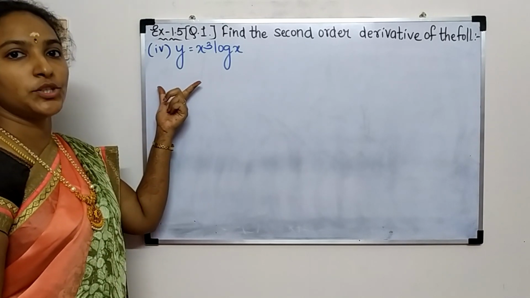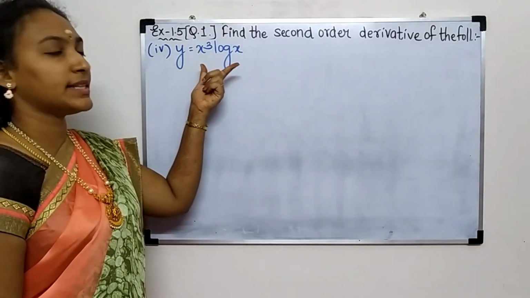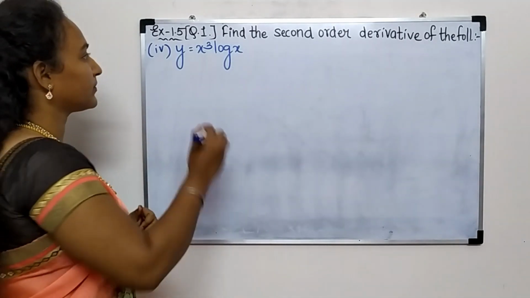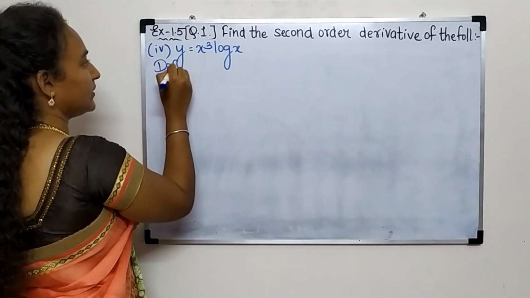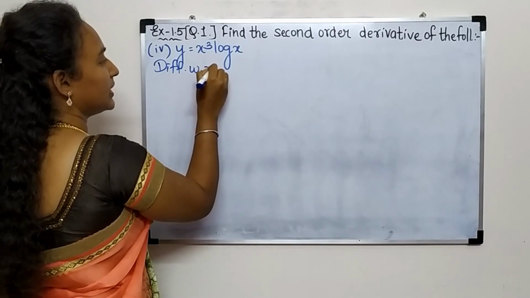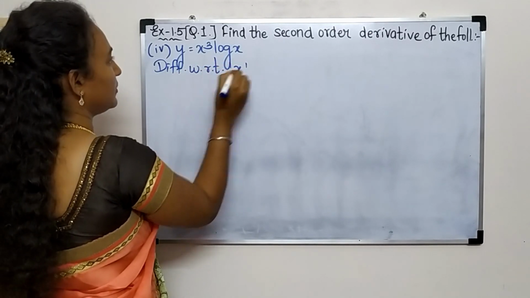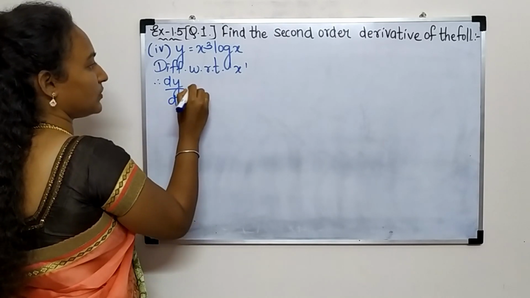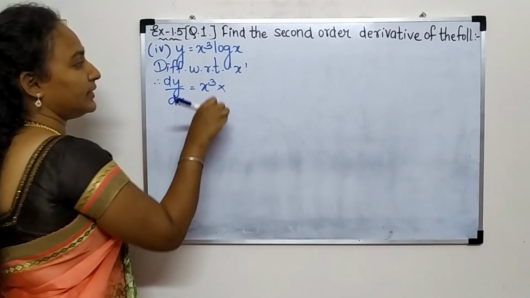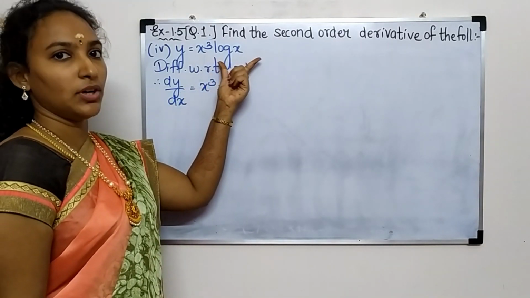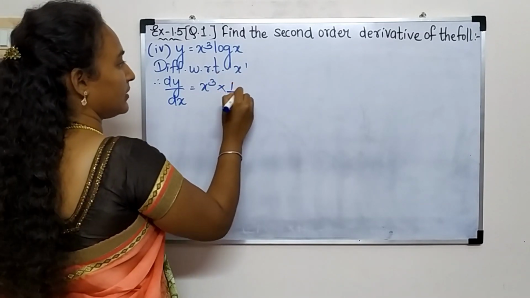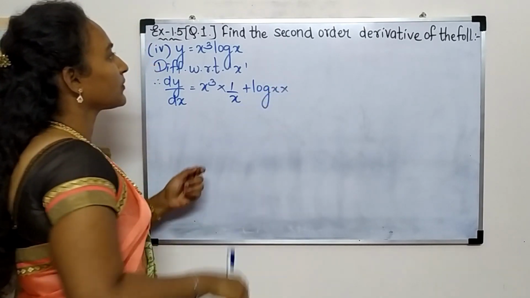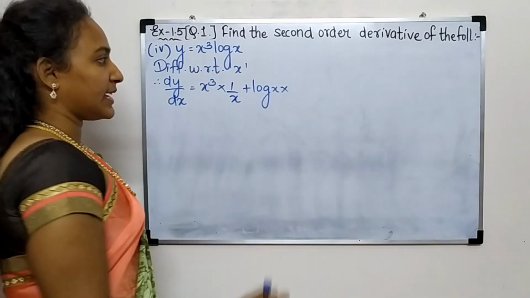Okay, here the fourth question is y equal to x cube log x. Use the product rule. Differentiate with respect to x. Therefore, dy by dx is equal to x cube into derivative of log x is 1 by x plus log x into derivative of x cube is 3x square.